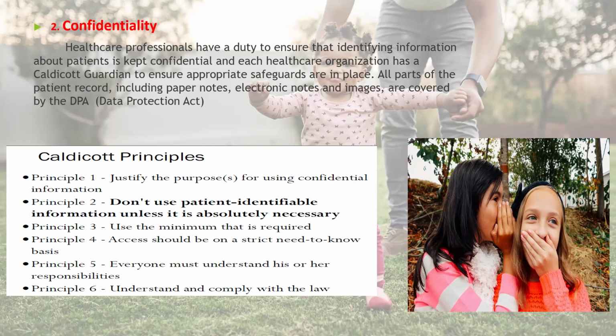For example, if there is a criminal issue, or some issue affecting the law, there is one person in the trust called the Caldicott guardian. The Caldicott guardian will assess this case and check whether we can share the information with a third party, for example the police or any other people.